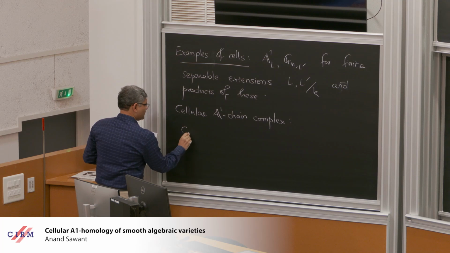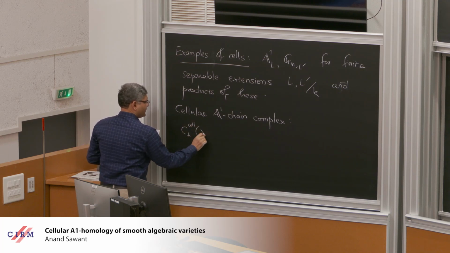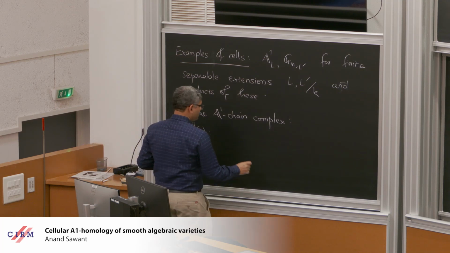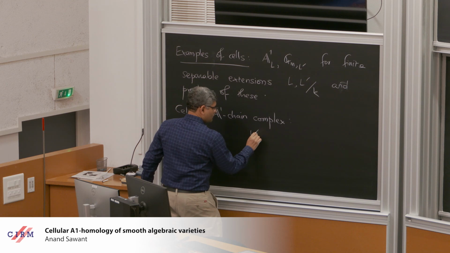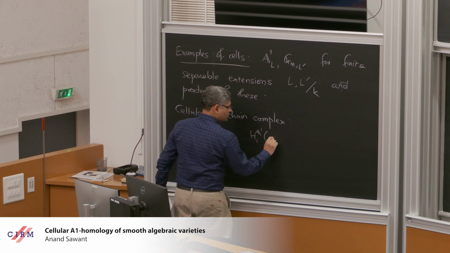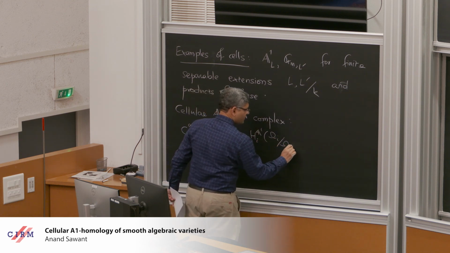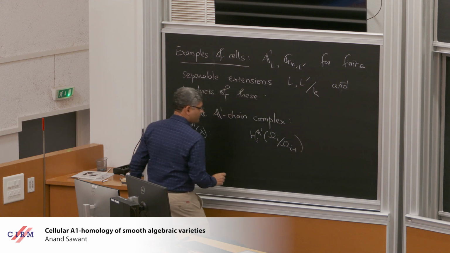Let me call this C^cell of X, and its ith term is the ith A1 homology of the quotient omega I by omega I minus 1.